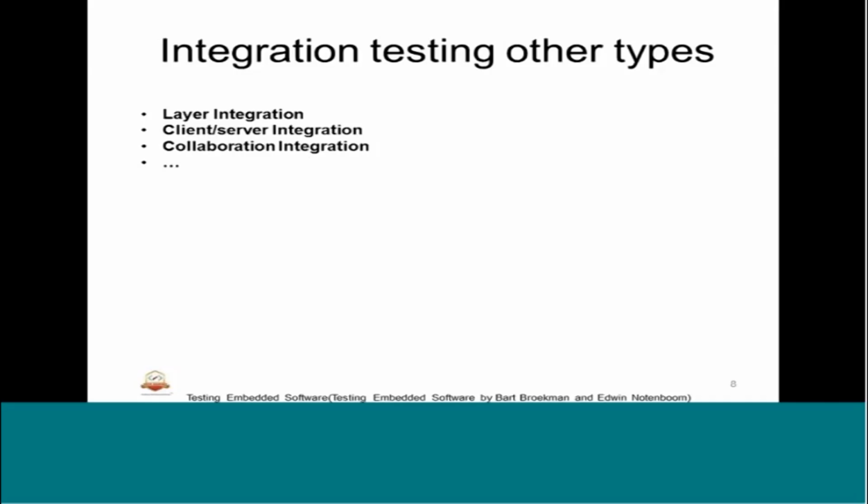Layer integration. This strategy is used for systems with a layered architecture where we have application and libraries, mid layer, lower level layers like this. So this type of integration testing they use. In this, interfacing only happens between the layer directly below and the layer above. So we won't talk about the complete bottom up or top down. But each layer is tested in isolation using the top down or bottom up or big bang strategy.